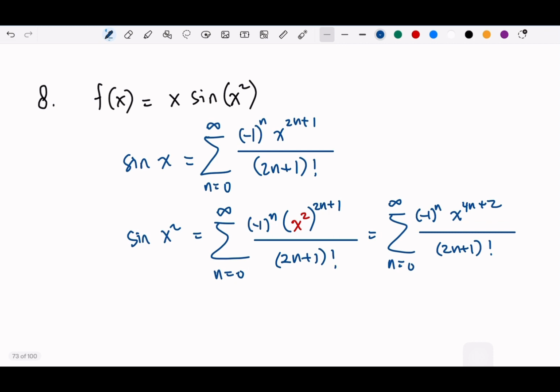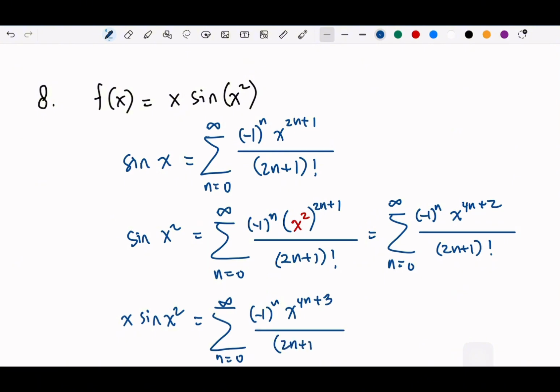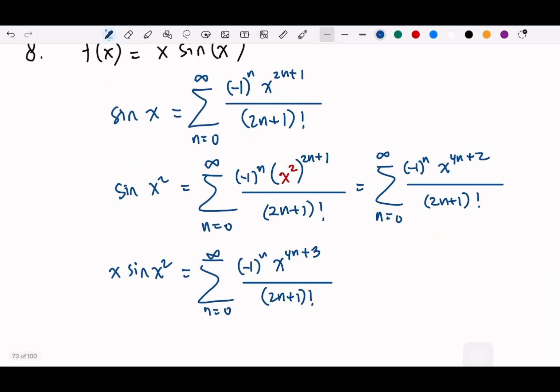And then we need to just multiply with x, which means taking the sum, or maybe let me write in a new way. So this will be the sum of x with power 4n plus 3. Okay, that is because of the x. Now this is the series that we are going to observe.